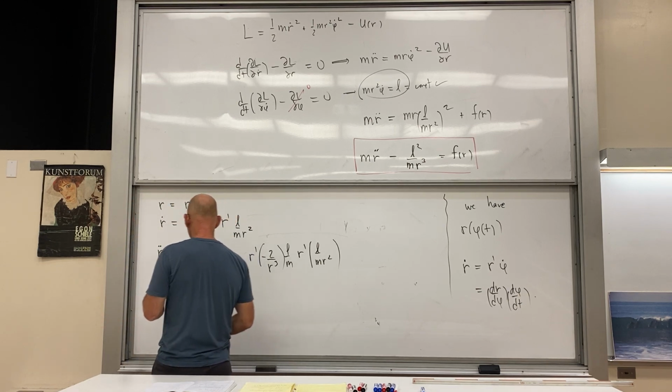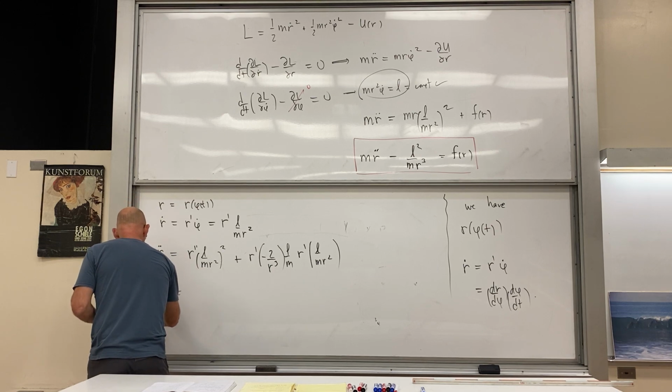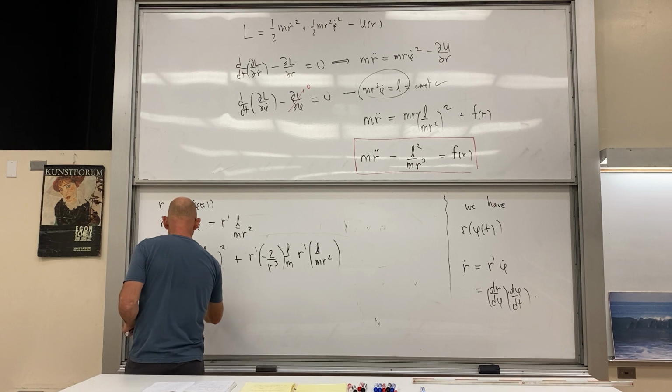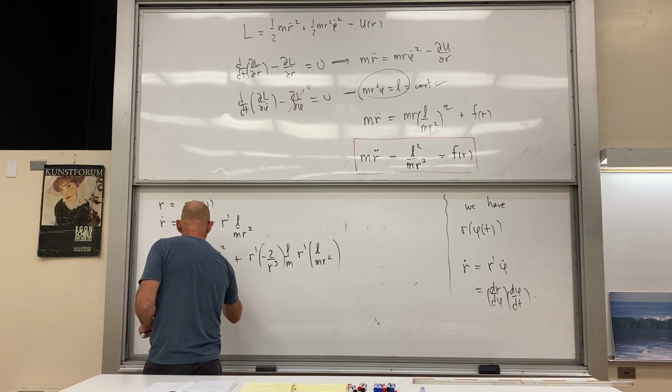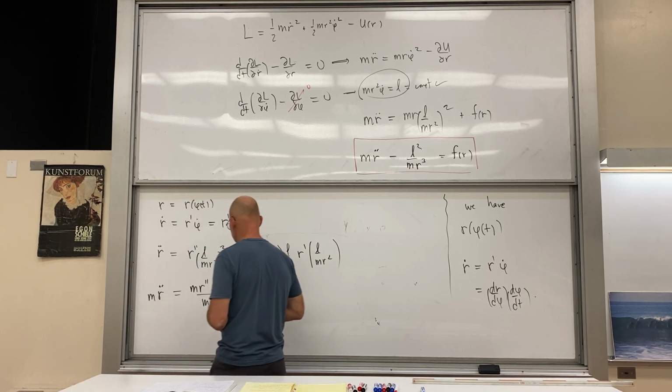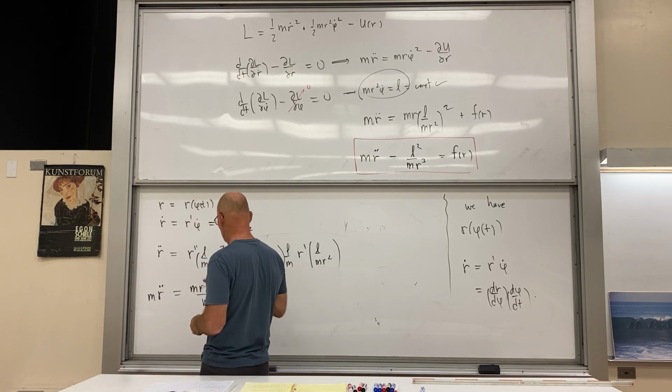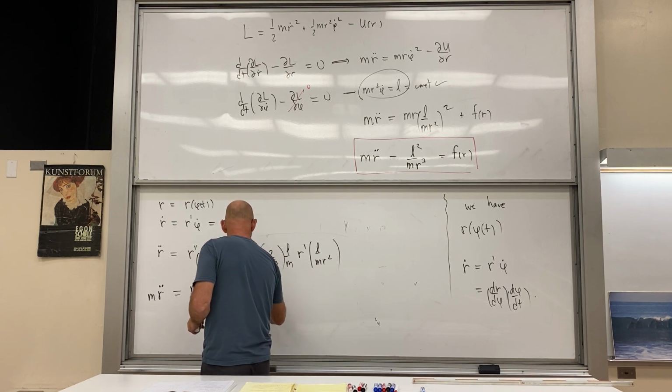and let's see if we can do everything at once. So m r double dot would be equal to m r double prime L squared over m squared r to the fourth, minus 2 r prime squared.